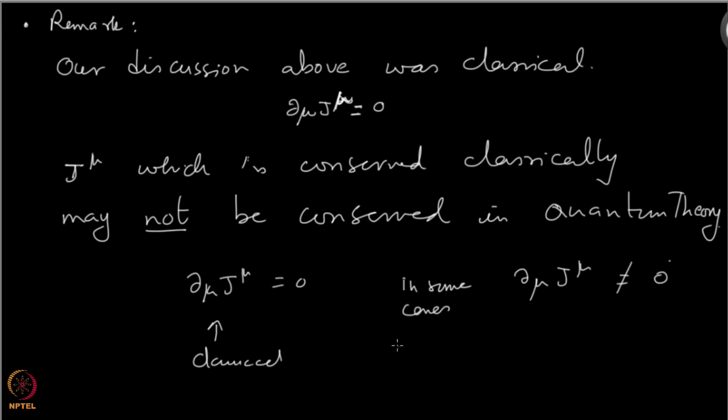This will not happen for your translations and Lorentz transformations; whatever conserved currents they give here, they are fine, they are going to be good symmetries. And when this happens, we say it's an anomaly. If you are more interested, you can look into books on, for example, the axial anomaly. But anyway, that's not what we are interested in further.